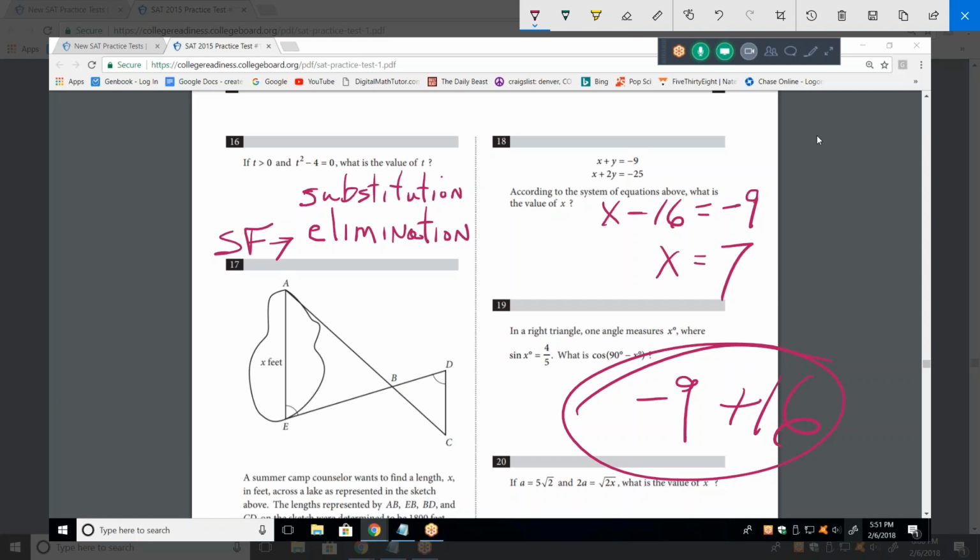19 is trig. Now, you've probably had a little bit of trig, right? Yeah, I think so. Should have had a little bit in geometry and maybe even a little bit more in algebra 2. You're taking algebra 2 right now, aren't you? Well, they probably haven't gotten to the trig part yet, unfortunately.